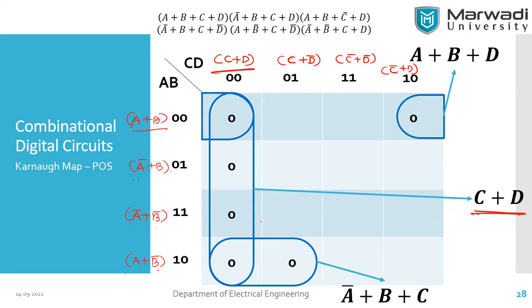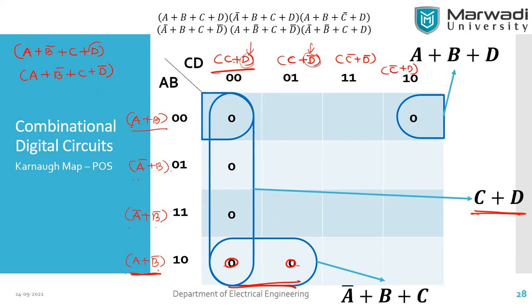Then here and here, what is common? So basically, A plus B bar is always common in this group, right? And C is there. D and D bar, these are 2 combinations which are covered, right? So basically we have an equation like this: A plus B bar plus C plus D, and A plus B bar plus C plus D bar.